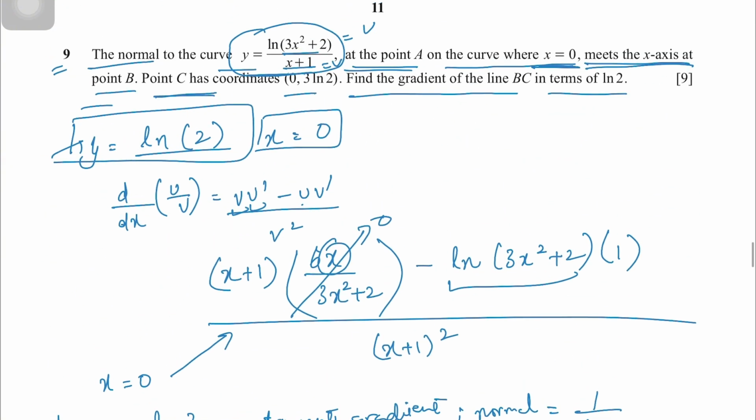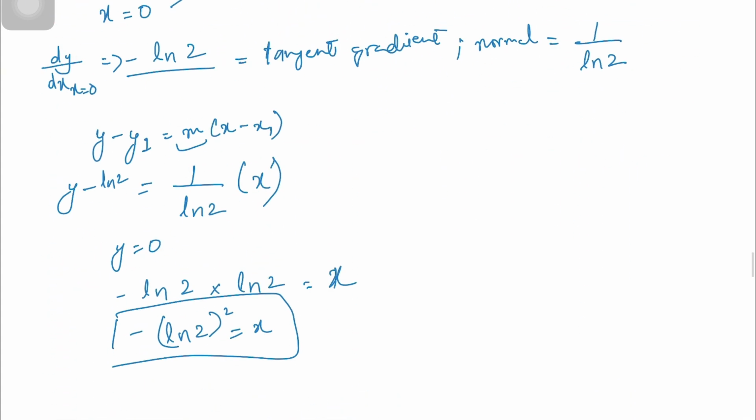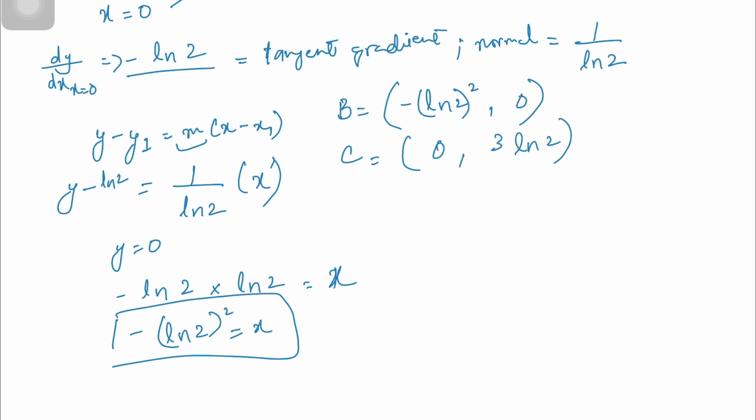Now point C has these coordinates. Find the gradient of the line BC in terms of ln 2. So we have our B as negative ln 2 whole squared, comma 0. We have our C as 0 comma 3 ln 2. We can take the gradient, using y2 minus y1 over x2 minus x1.